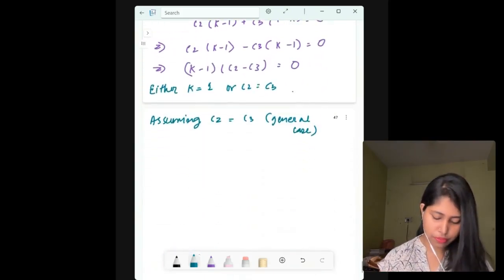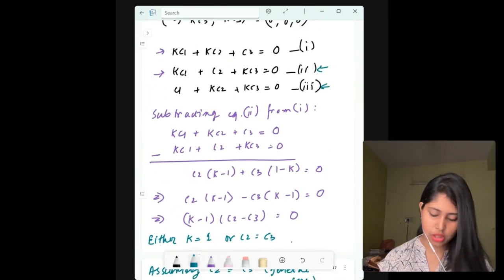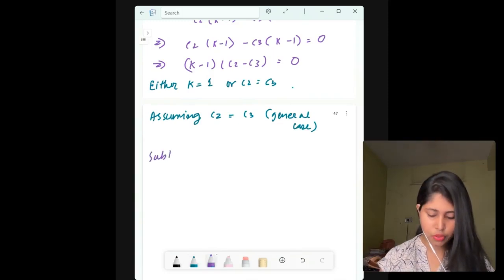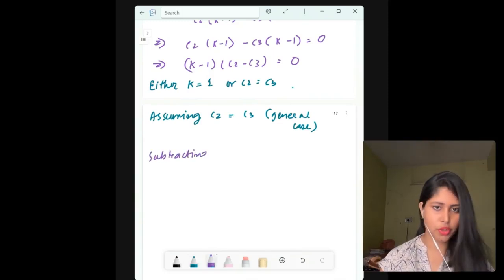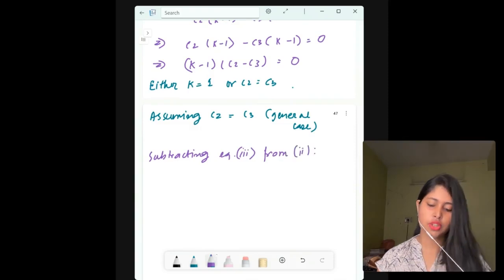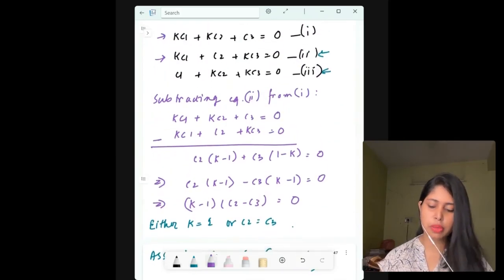So let me do it. What is our equation number? No, let me first write it. Subtracting equation number 3 from equation number 2. So from equation number 2, what is our equation number 2?